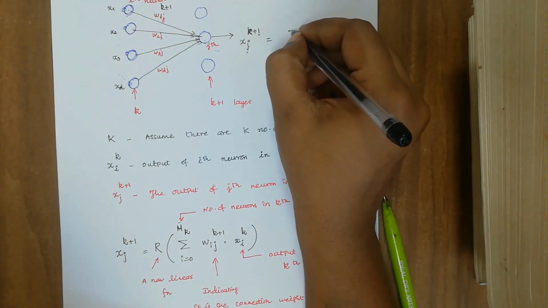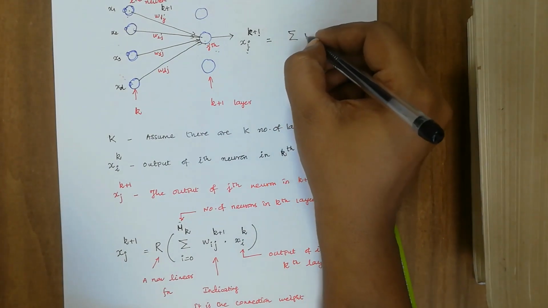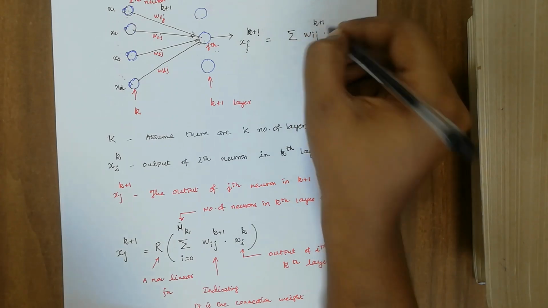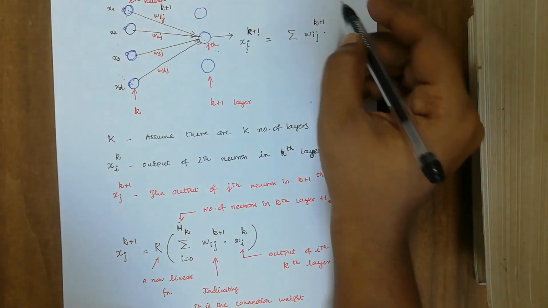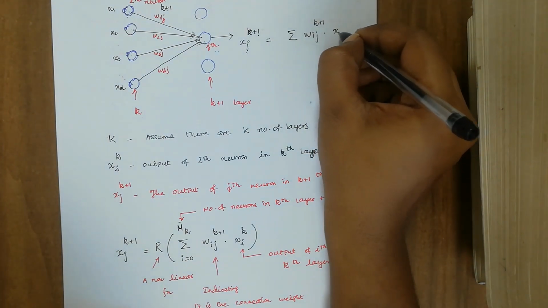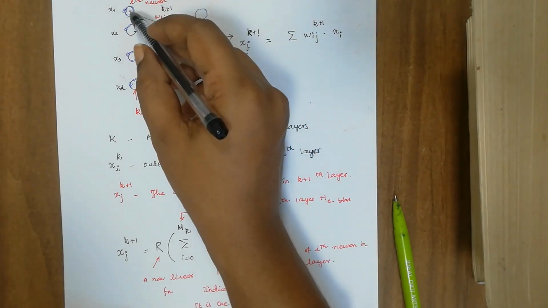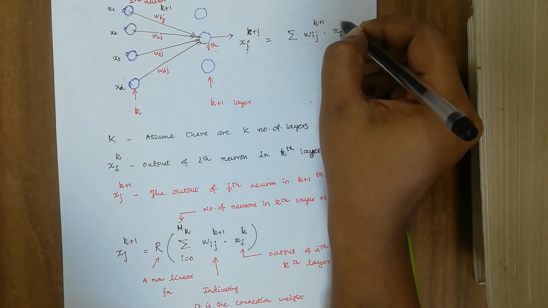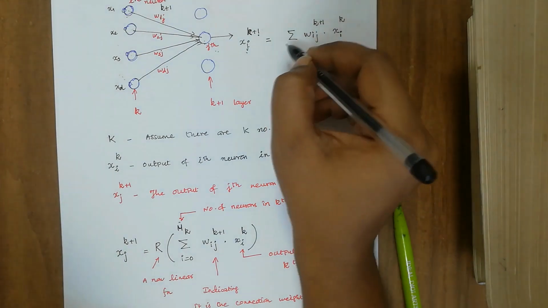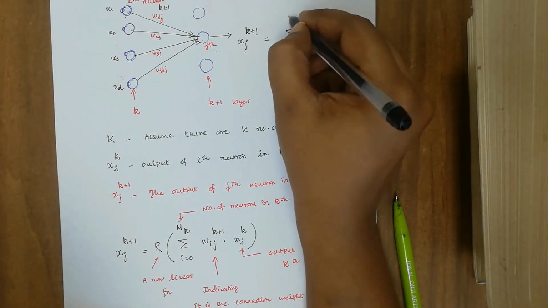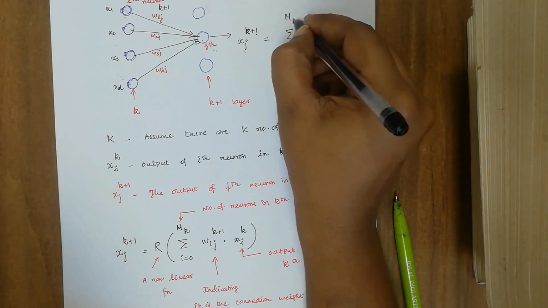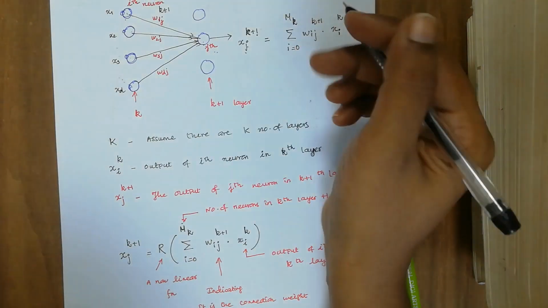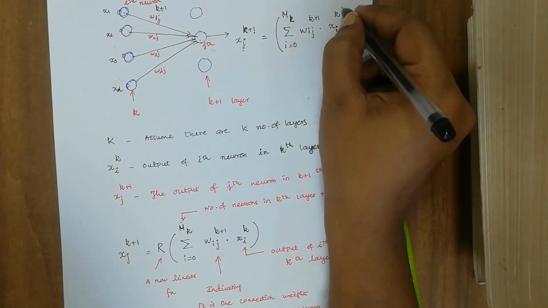Let me represent it once more. Summation of Wij^(k+1) into the input of each neuron. The input of each neuron can be represented as xi^k, where i ranges from 0 to mk, and k is the small k, the kth layer, or one of the hidden layers.